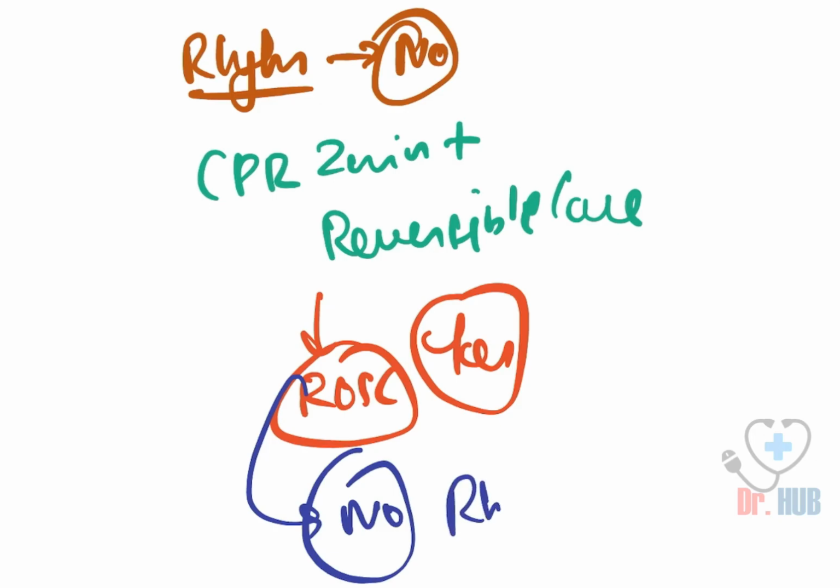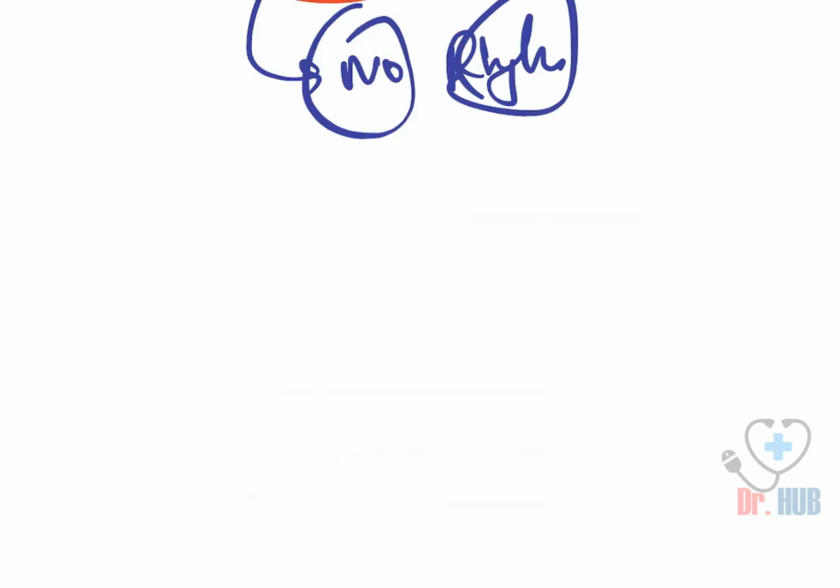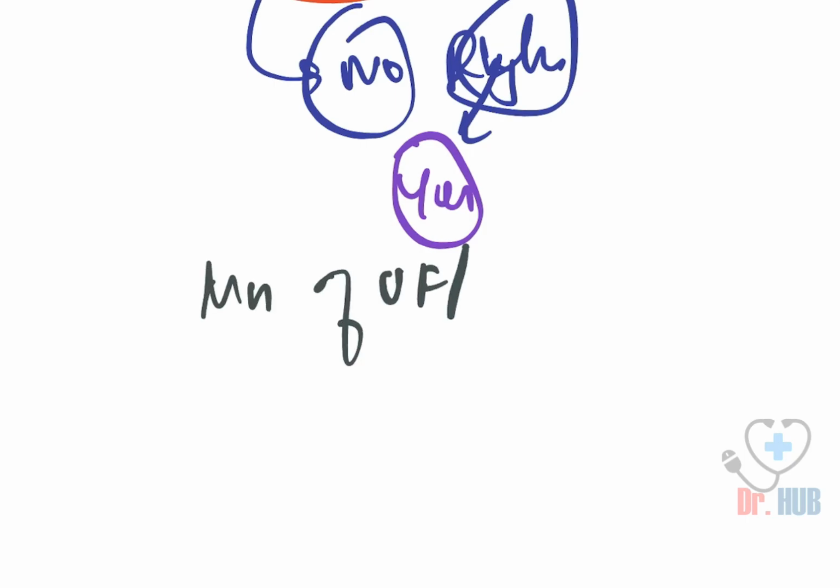Here we again check for the rhythm being shockable or not. In case the rhythm is shockable, the answer is yes, we go for the management of the VF or the PVT.